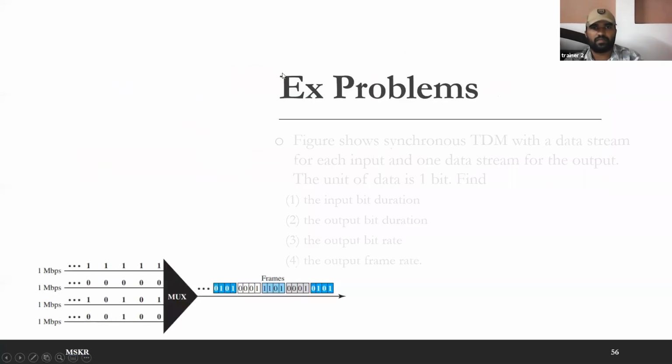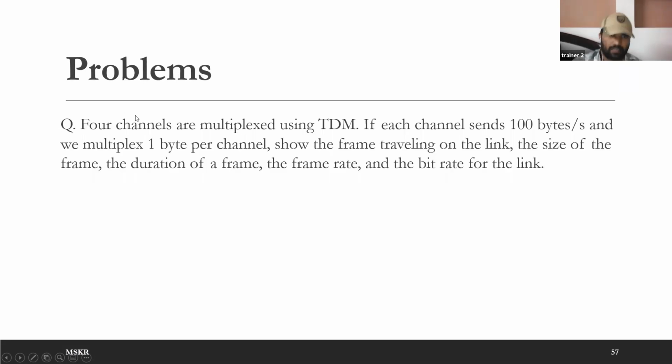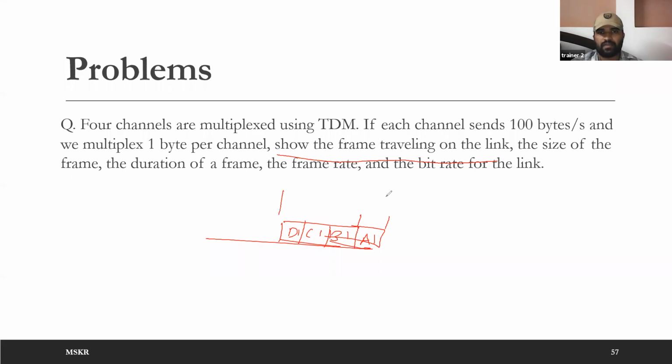For your understanding, again I will draw the diagram here. Just clearly observe. I'm first showing the frame traveling on the link. The link is going to carry a frame where the frame will be having A1, B1, C1, D1, where the frame rate is equal to the individual data rate, that is 100 frames per second.